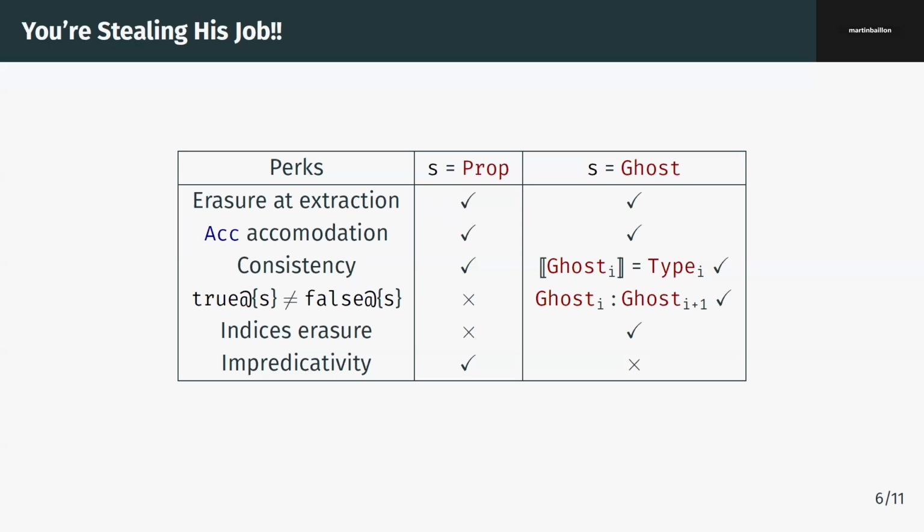And so we can actually have natural numbers in Ghost. It makes sense. And so this is the indices erasure that we get, because we can have indices in Ghost and erase them at extraction. The only thing we lose with the Ghost sort is the impredicativity that the sort Prop has.